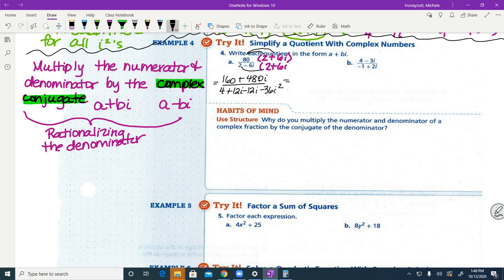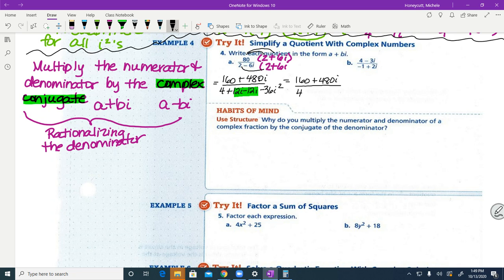So then I'll simplify what I have. 160 plus 480i. In the denominator, I have a positive 12i and a negative 12i. Those two terms will cancel.